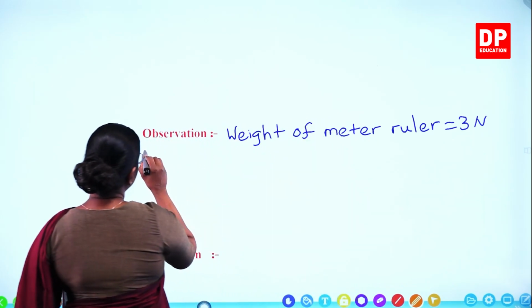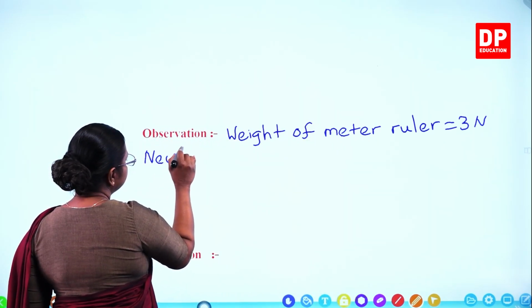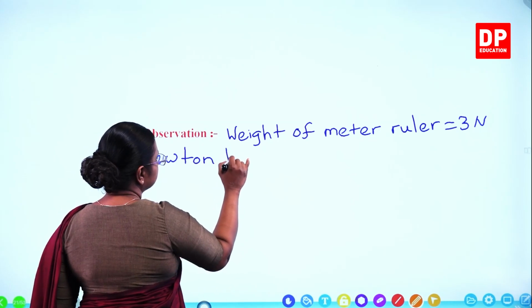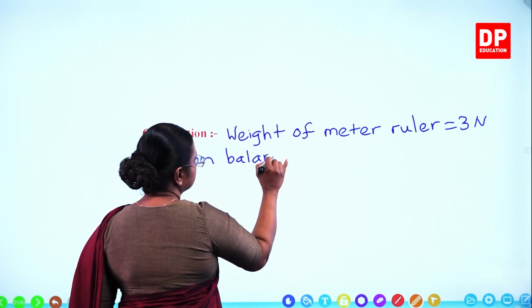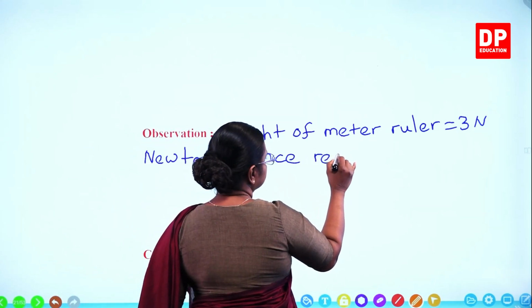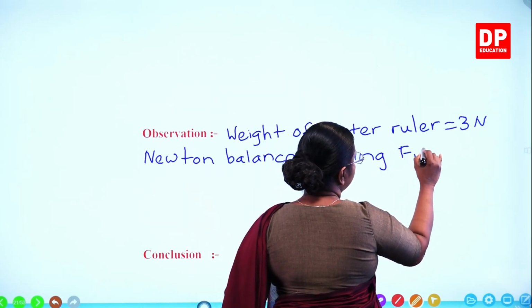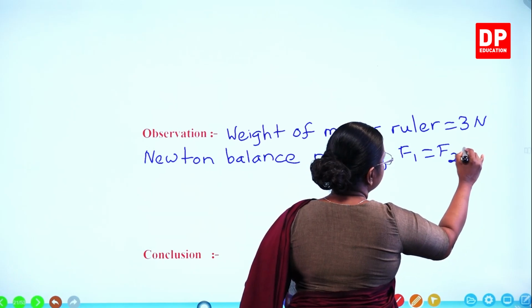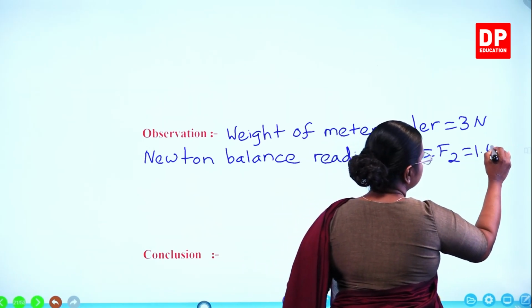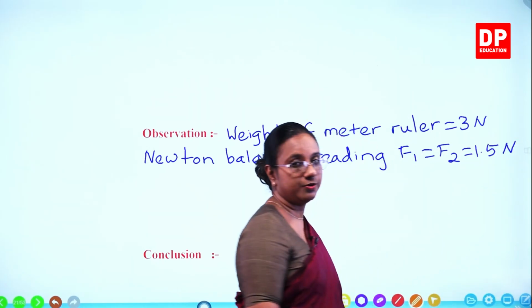Newton balance reading: F1 was equal to F2 and they were equal to 1.5 Newton.